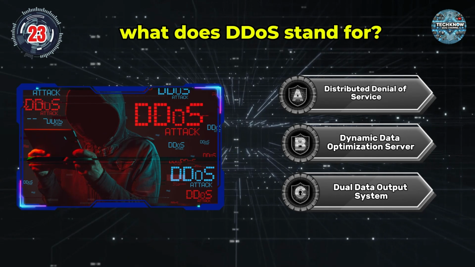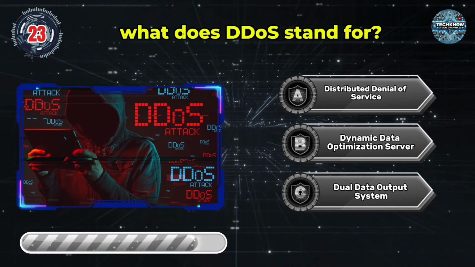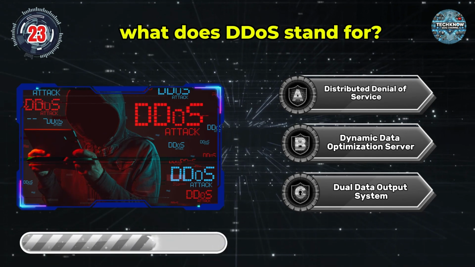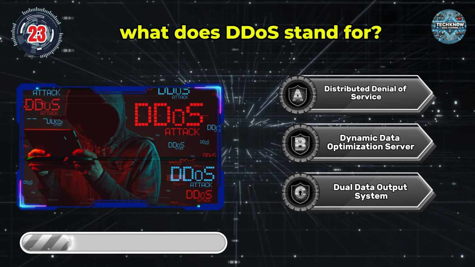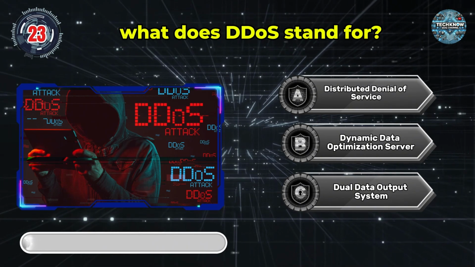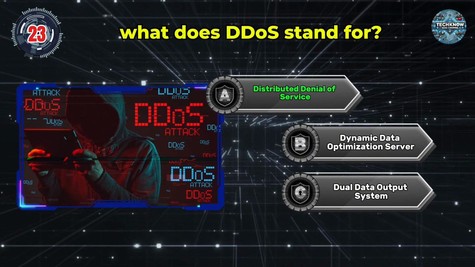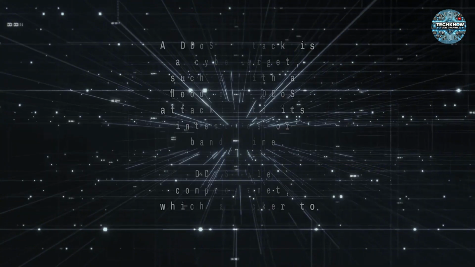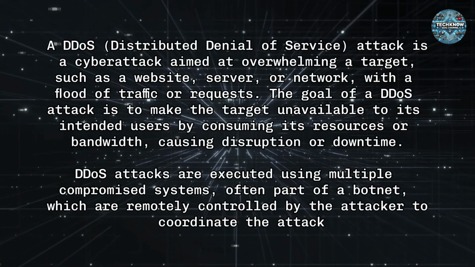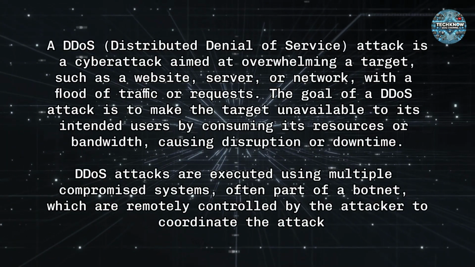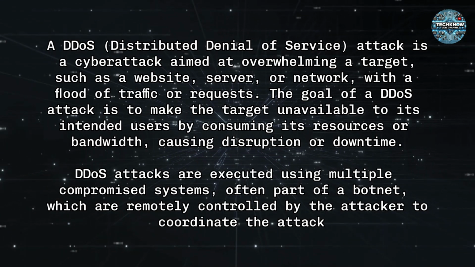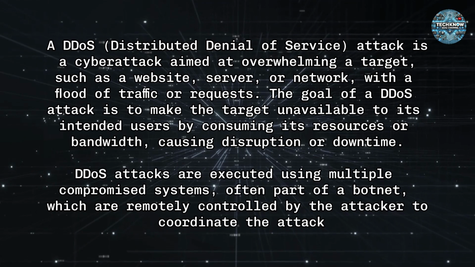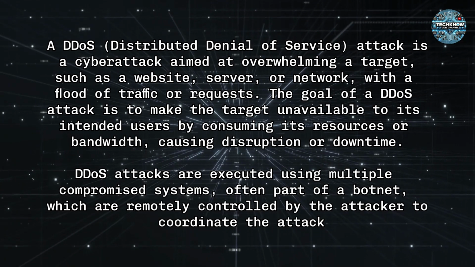What does DDoS stand for? Distributed denial of service. A DDoS attack, a distributed denial of service attack, is a cyber attack aimed at overwhelming a target, such as a website, server, or network, with a flood of traffic or requests.